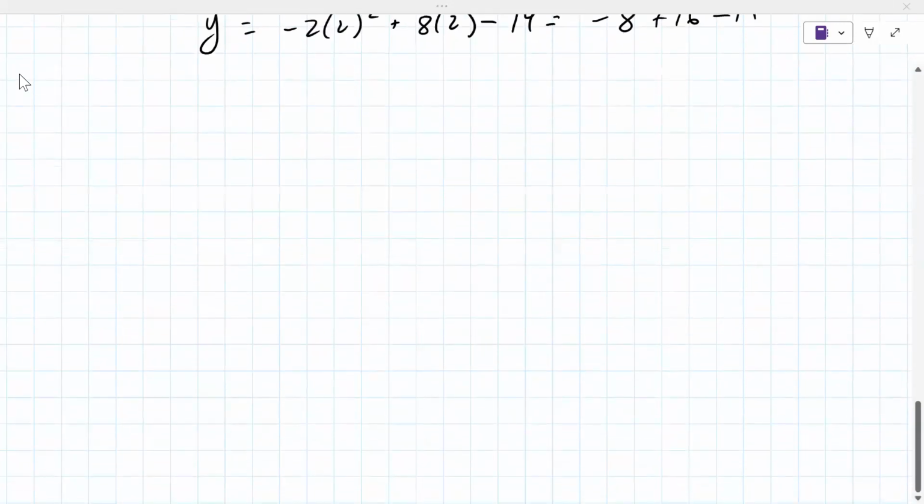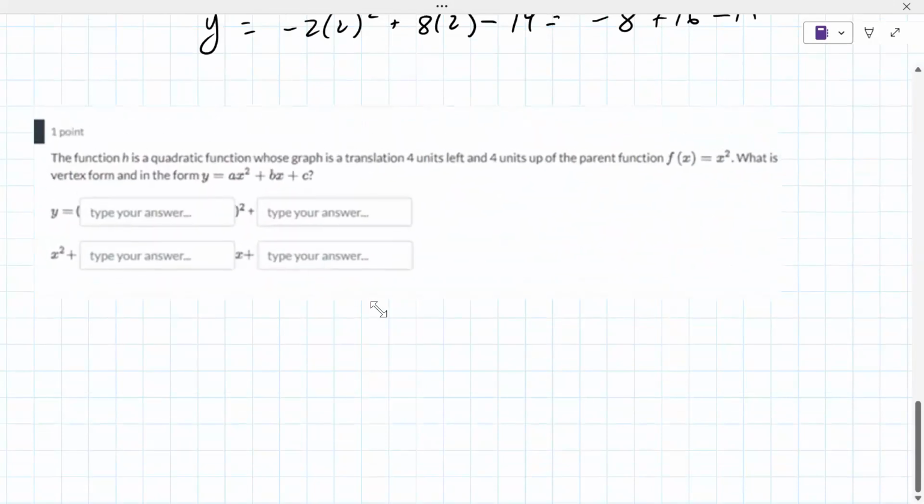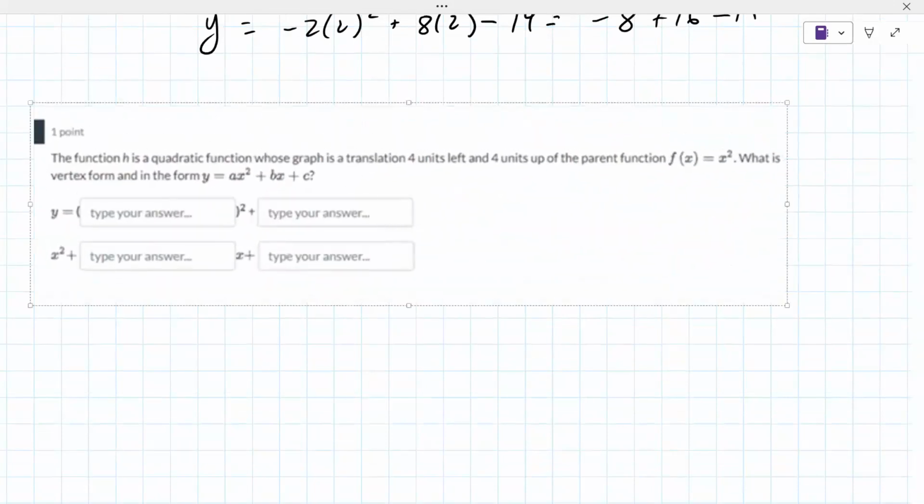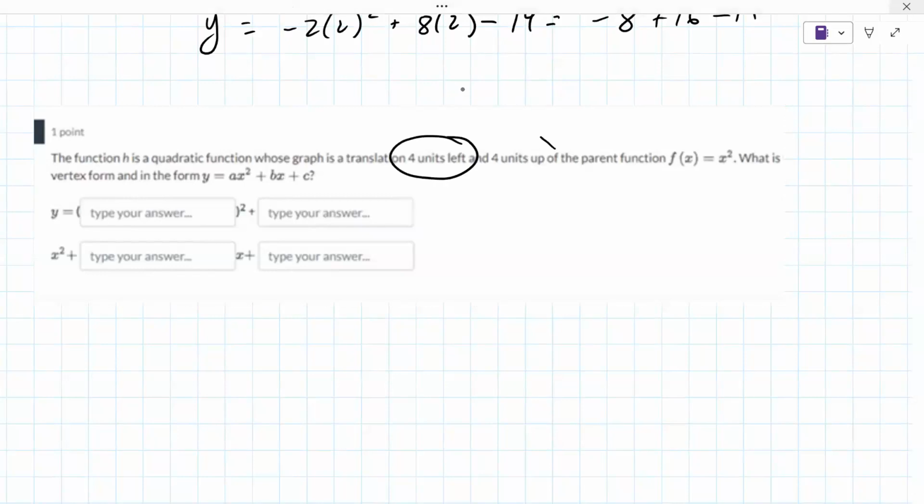All right. So number five here. This is all about transformation. It says it's a quadratic that's 4 units left and 4 units up. So left and right go here, up and down go here.